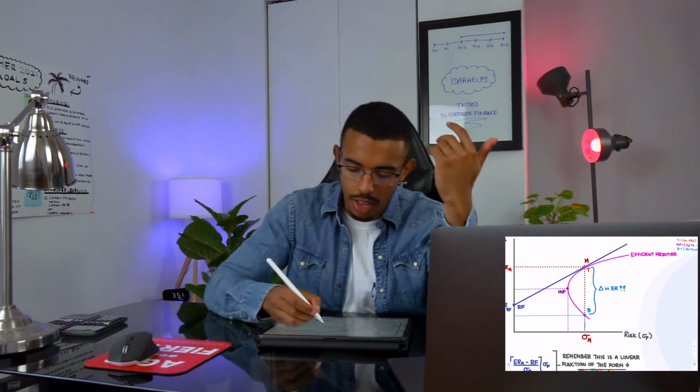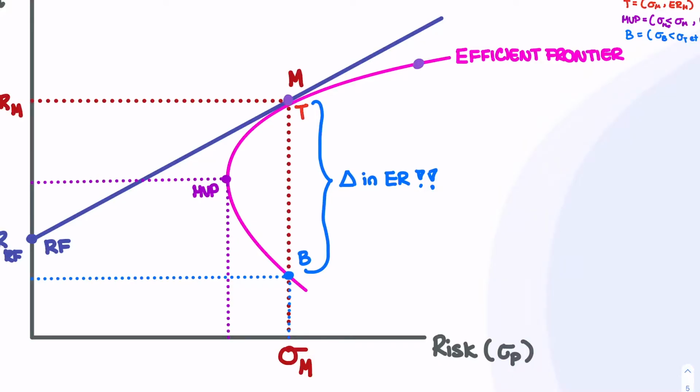You could have a set here and a set here, and you would clearly see that your risk to returns will be different, and your returns to risk will also be different at each point that you take.